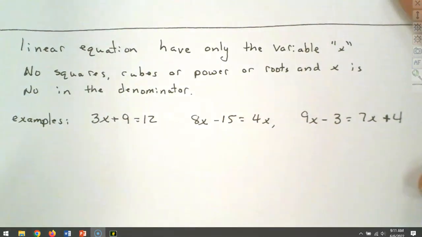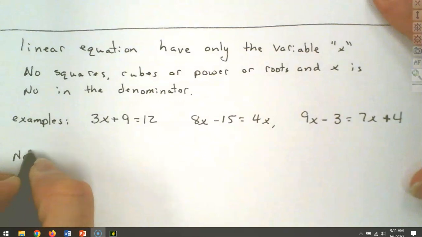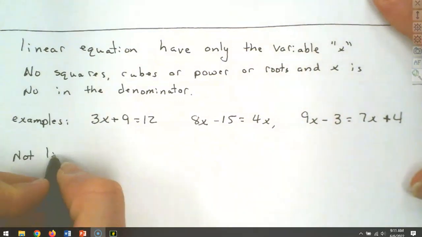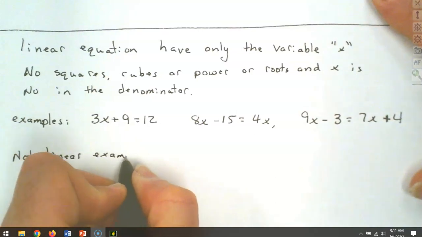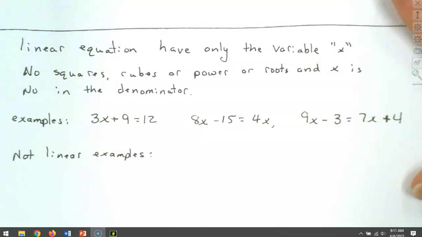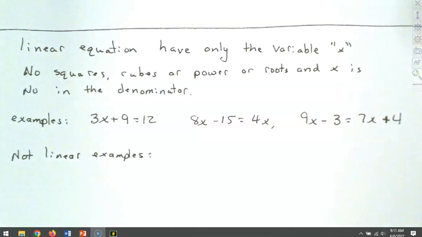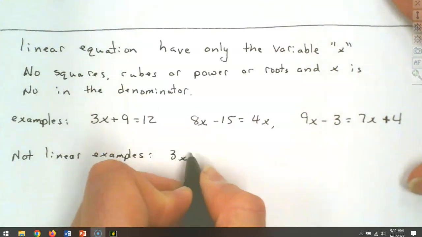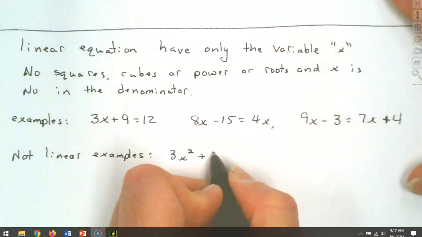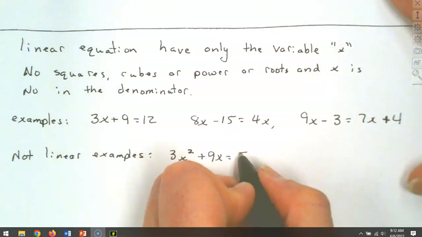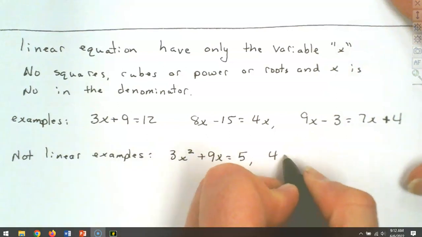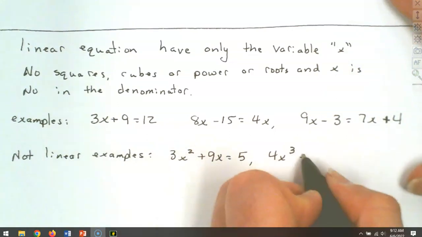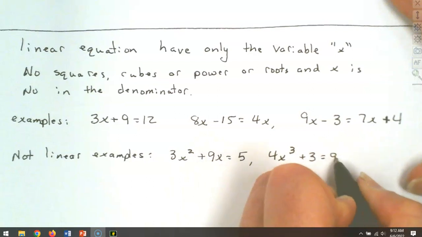Here's examples of nonlinear. These are not linear. So these are going to be examples of nonlinear or not linear equations. 3x squared plus 9x equals 5. That is nonlinear. 4x cubed plus 3 equals 9.